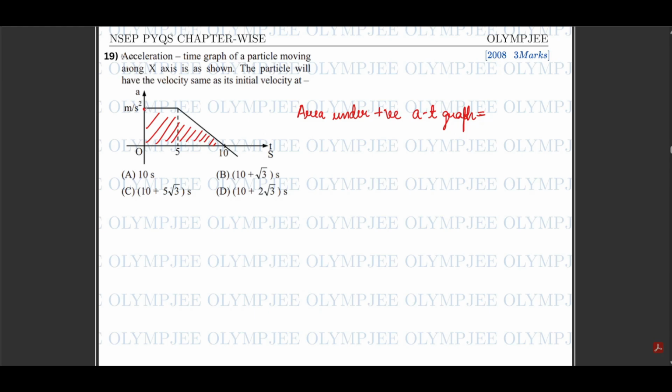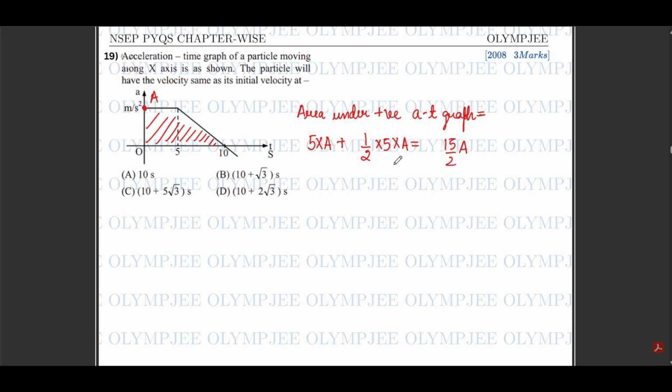since they have not given us this point, we'll assume it to be A. So the area will be given as 5 into A plus half into 5 into A, which is 15 by 2A. So the negative part should also have the area as 15 by 2A, or should I say minus 15 by 2A.